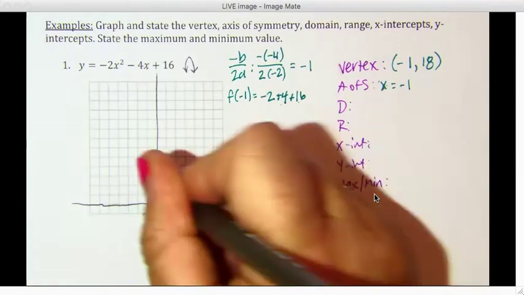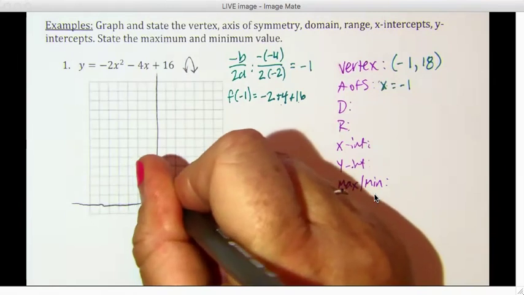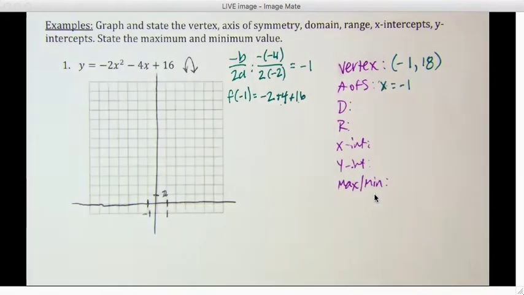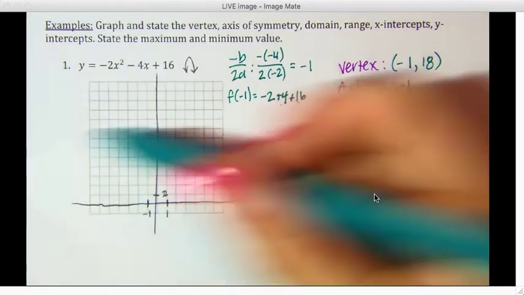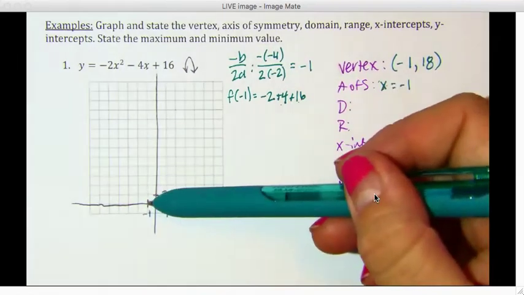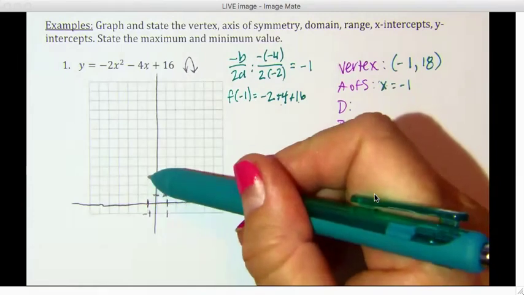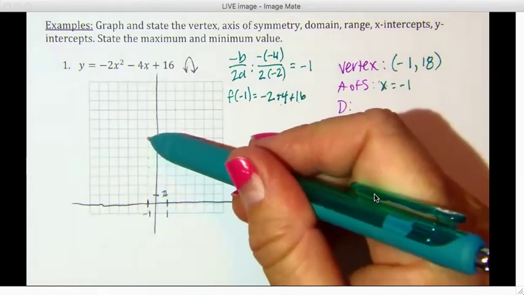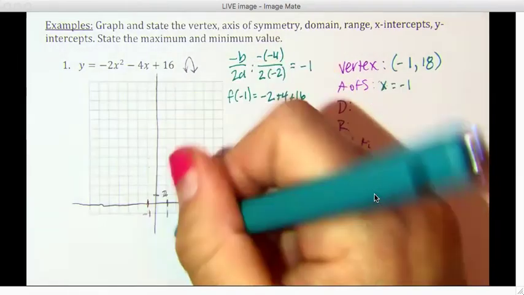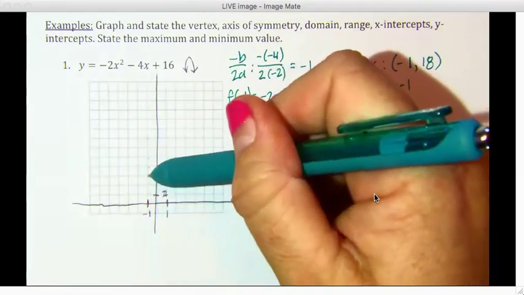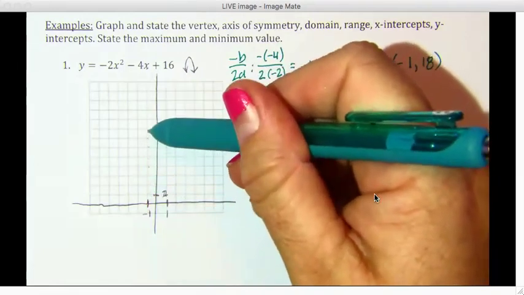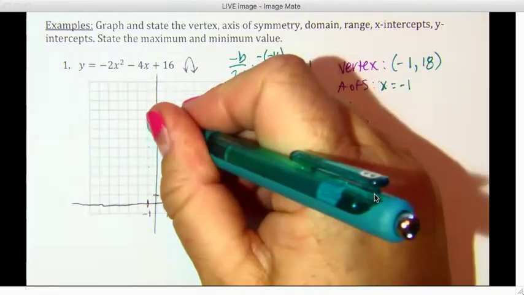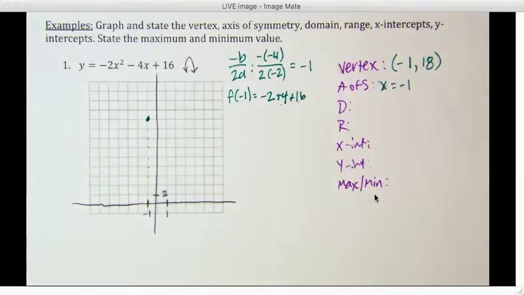And on the y-axis, I'm going to count by twos. So if you're ever counting by something besides 1, you need to label what you're counting by. So -1, 2, 4, 6, 8, 10, 12, 14, 16, 18. Oops, I lost my place there. 1, 2, 3, 4, 5, 6, 7, 8, 9. And there is my vertex.